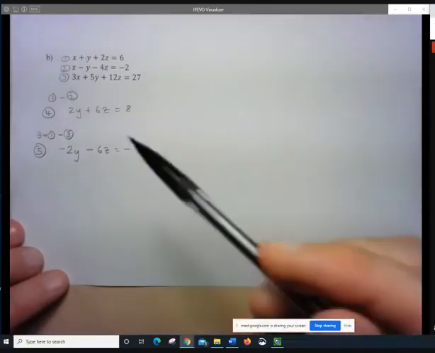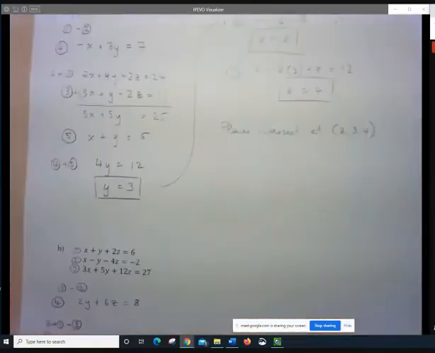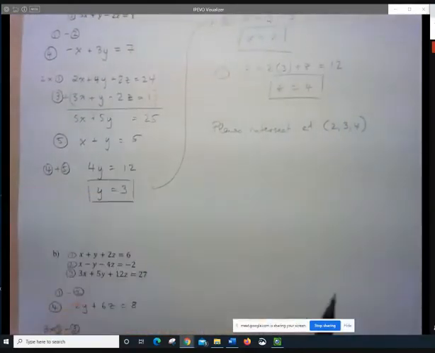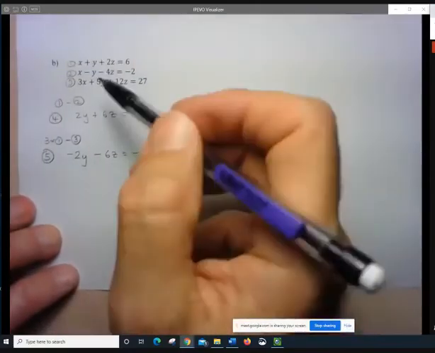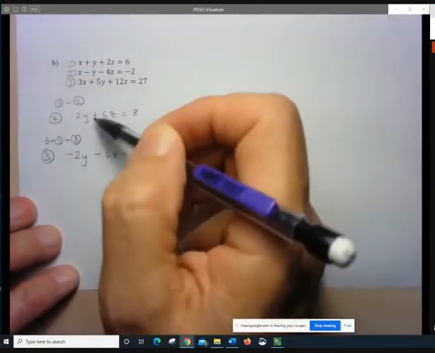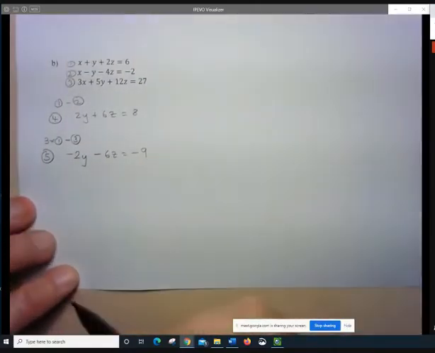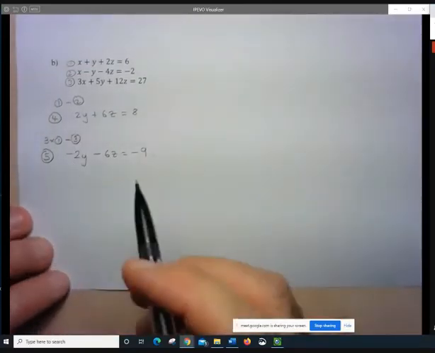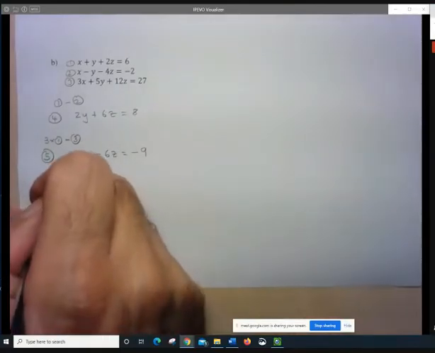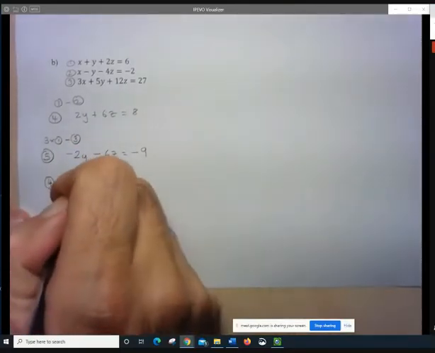As before, exactly as I expect, by eliminating the same variable twice, I'm now ending up with two equations and two unknowns. So I can solve that here. I see negative 2y and 2y, so I just have to add them together: equation 4 plus equation 5.